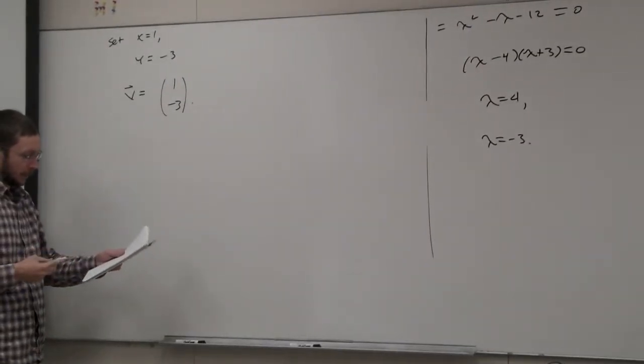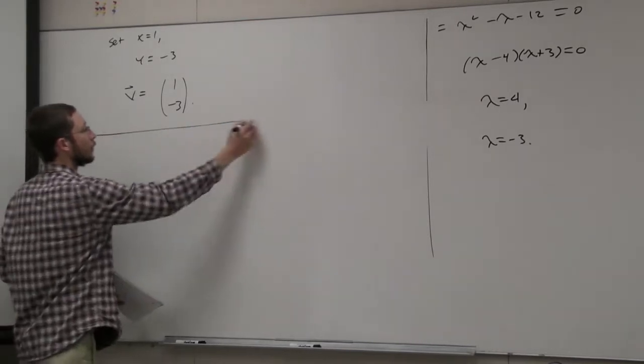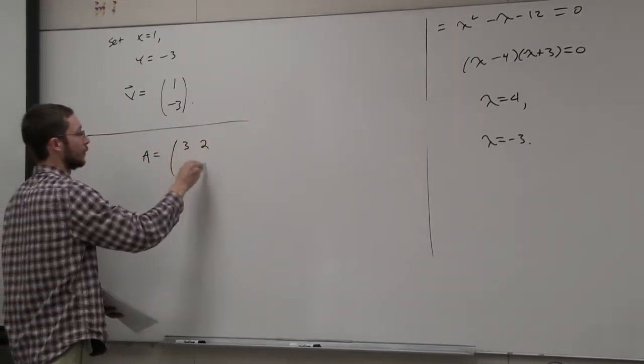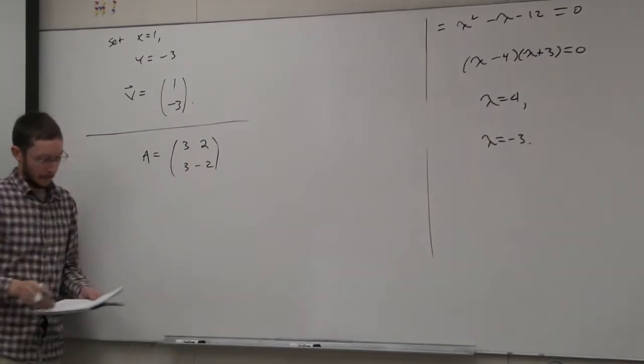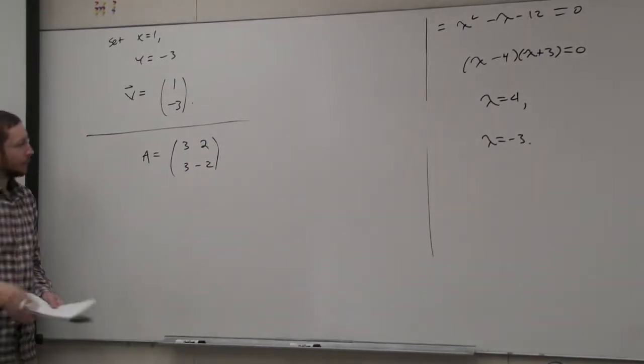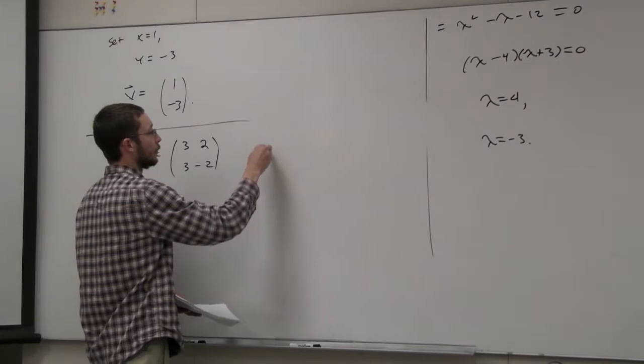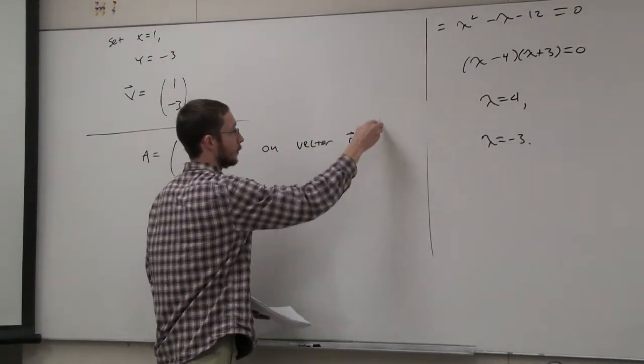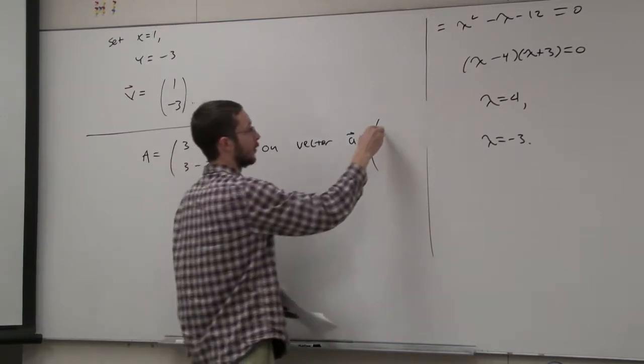Okay? And so let's consider this matrix A acting on this vector 3, -2.